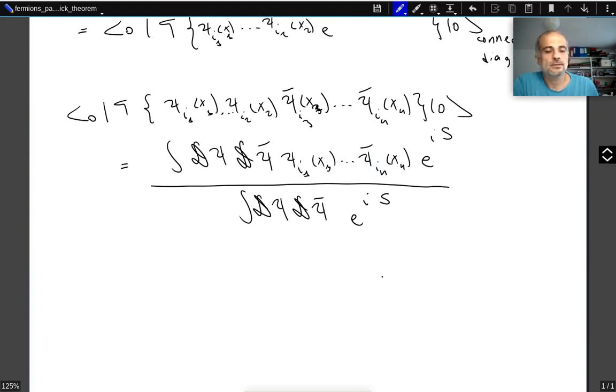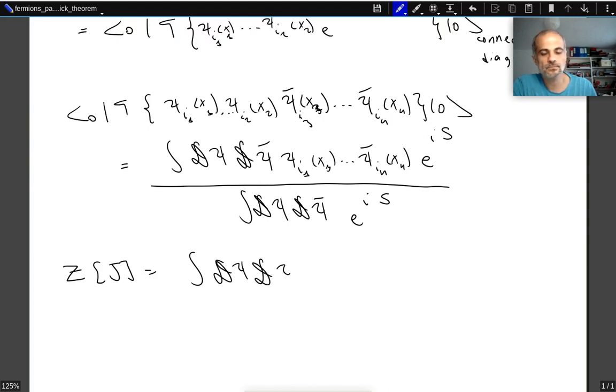Now, we are basically following what we had done in the scalar case. So let's first define Z of J as ∫Dψ̄ Dψ, exponent i ∫d⁴x ψ̄(i∂̸ − m)ψ, the non-interacting part of this theory.